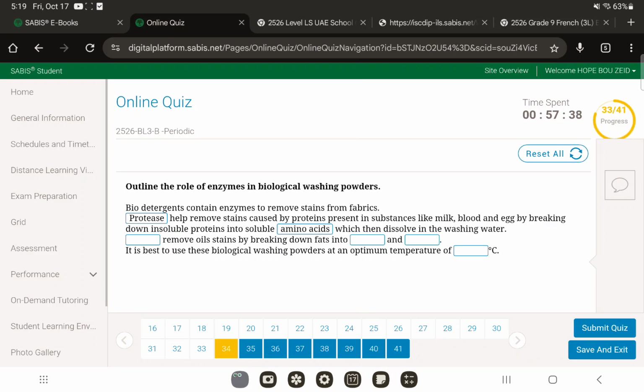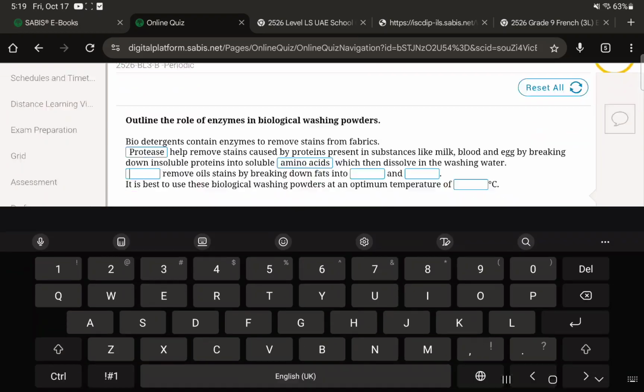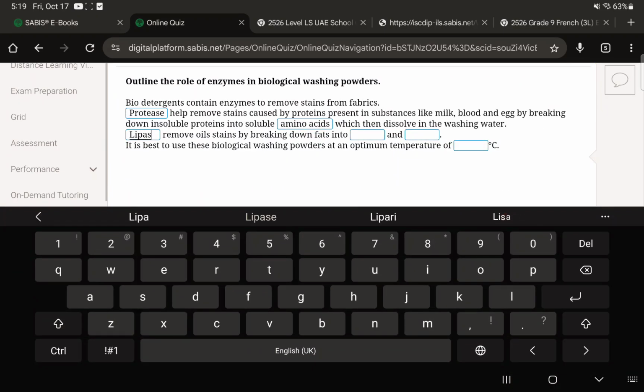Blank remove oil stains by breaking down fats into blank and blank. So here, lipase removes oil stains by breaking down fats into fatty acids and glycerol.